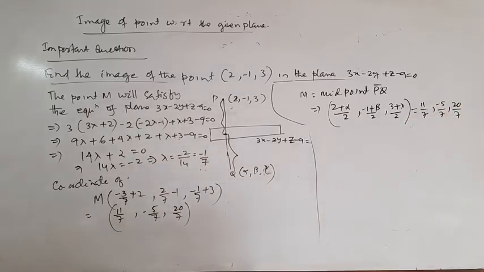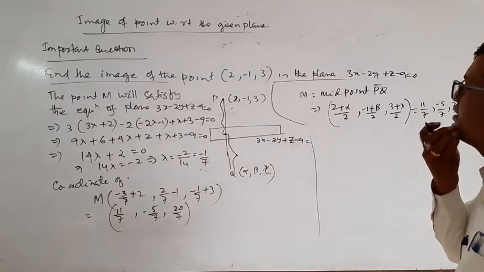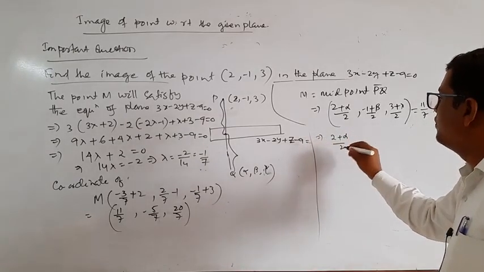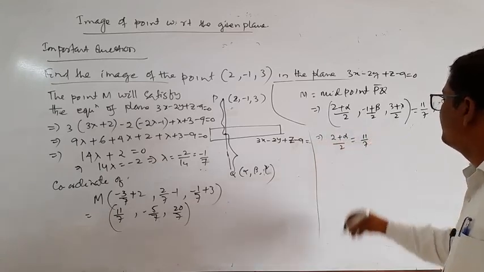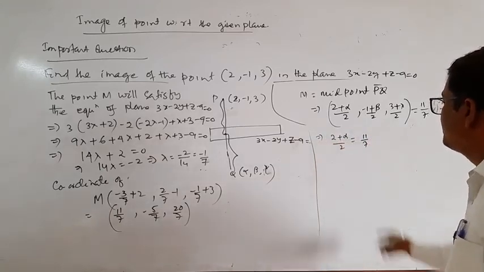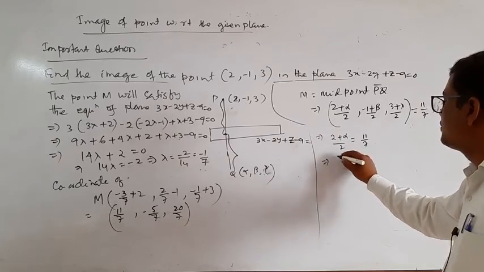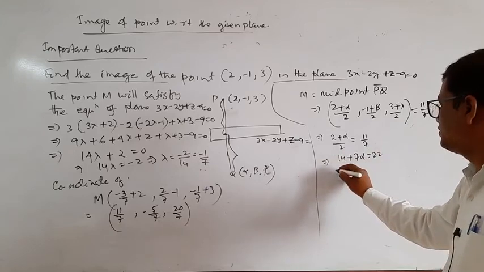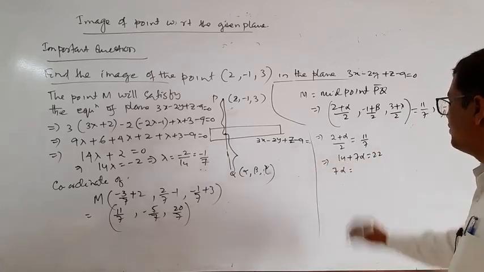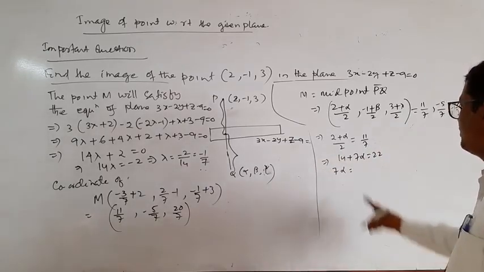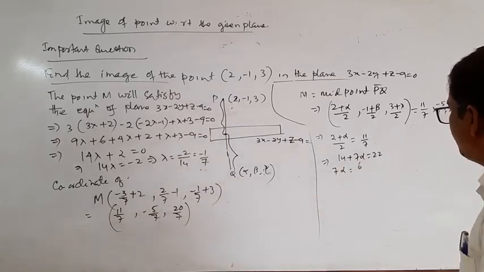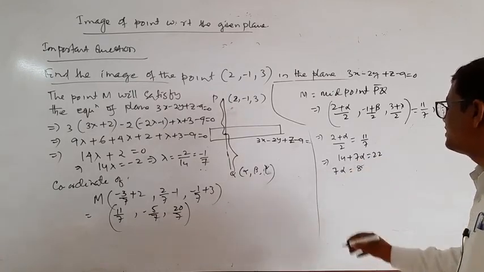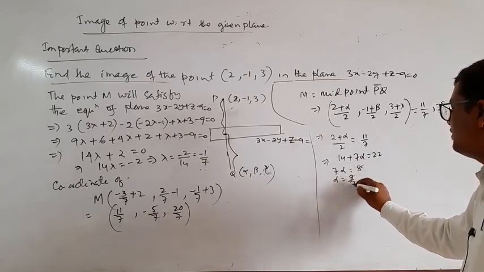Then (2 plus alpha)/2 is equal to 11 by 7. So that is 14 plus 7 alpha is equal to 22. So 7 alpha is equal to 8, so alpha is equal to 8 by 7.